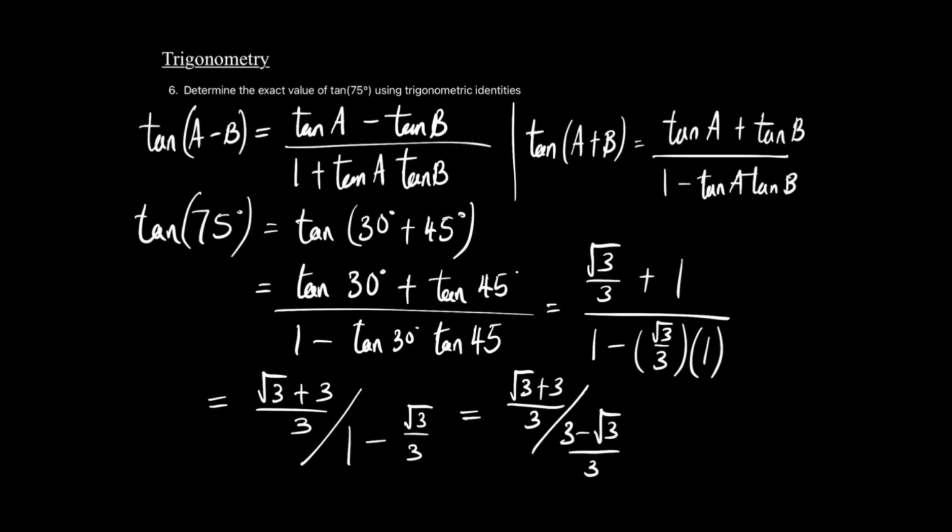Now we are dividing a fraction by a fraction, and when we solve that, we would get square root of 3 plus 3, all this divided by 3 minus the square root of 3.